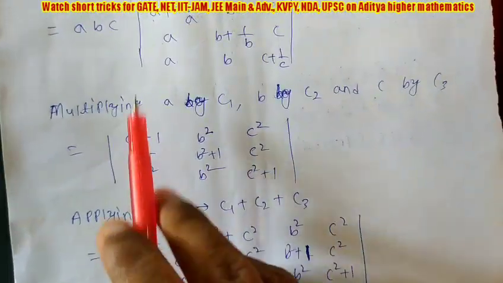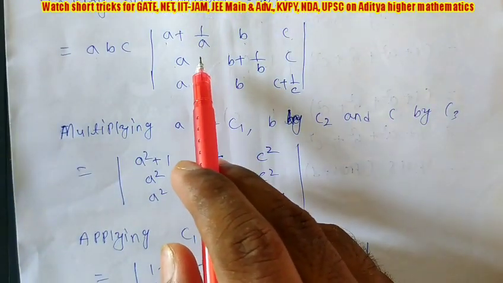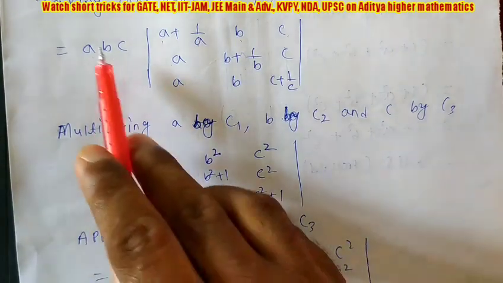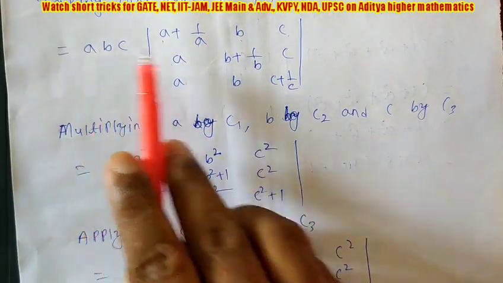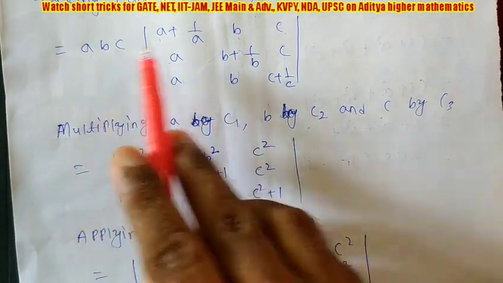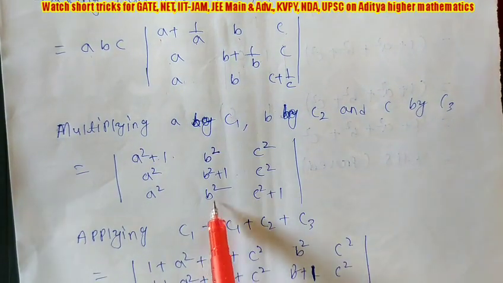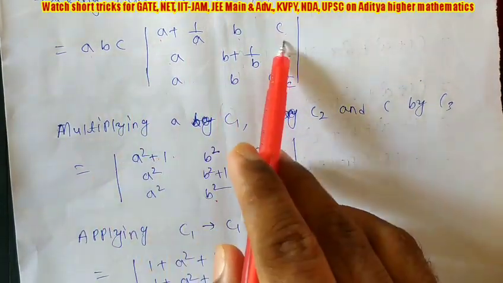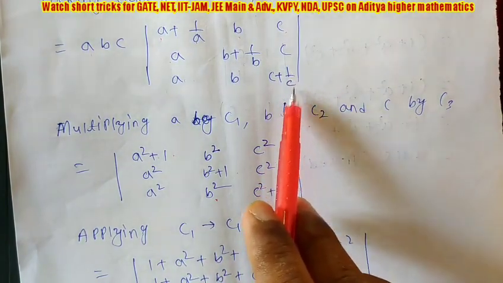So now multiply. And after multiplication, what fractions came? Now we are not getting any fraction because A will cancel. So A square plus 1, and again A square, A square. Now similarly multiply B, so we are getting B square plus 1, here also B square. Similarly C square, and C square plus 1 because it is cancelling.